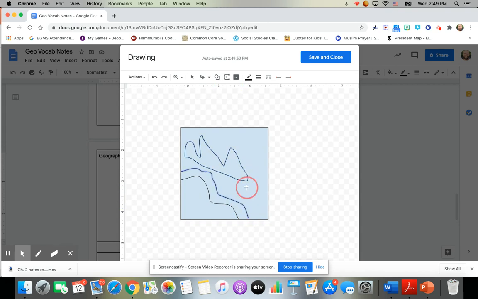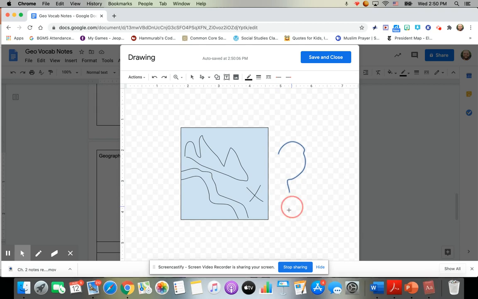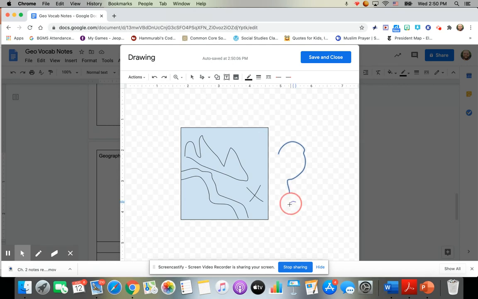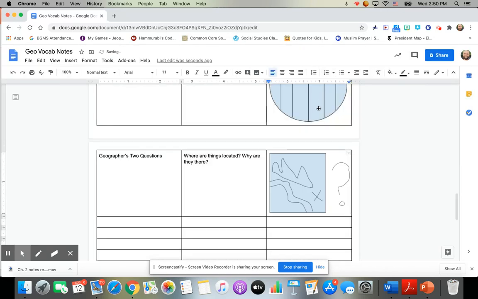And then I'll put a big X here, like X marks the spot. And then we'll put a question mark. There we go. Geographers 2 questions. Where are things located? Why are they there?